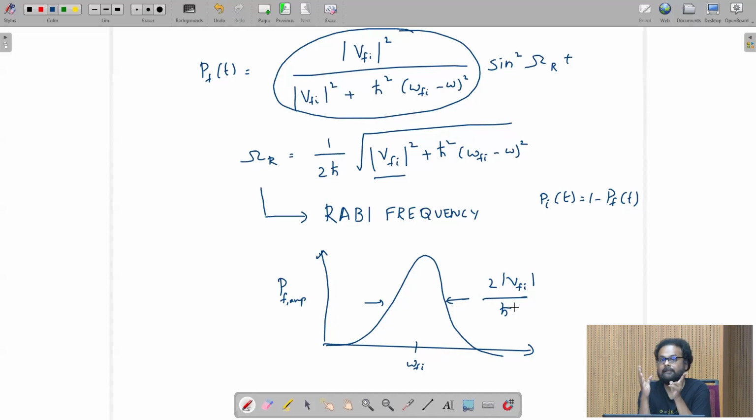Number two is that the probability amplitude is going to taper off as you detune or go away from resonance. That also makes sense. It's what you expect even for a classical oscillator. Nothing spectacular there, but it's good to see that. And the full width at half maximum of that Lorentzian function is of course related to the strength of the interaction potential.